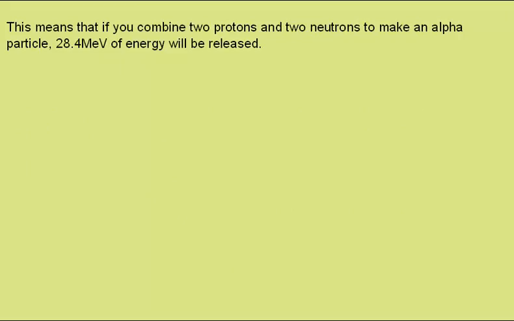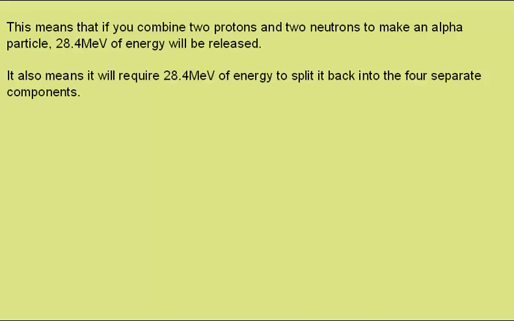This means that if you combine 2 protons and 2 neutrons to make an alpha particle, 28.4 MeV of energy will be released. It also means it will require 28.4 MeV of energy to split it back into the 4 separate components.